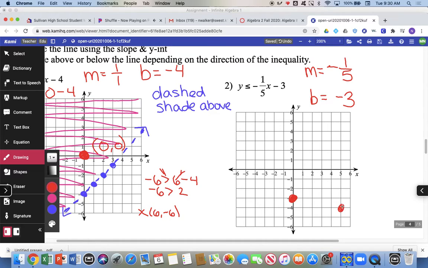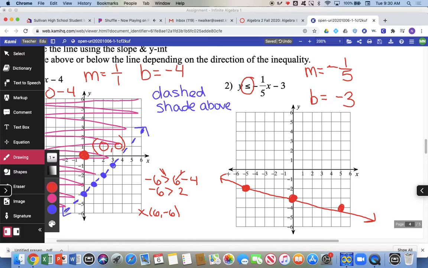I don't really have room to go this way, but in the other way, I could have gone up 1, but then I would have to go backwards 5 to take care of the negative. Now, what type of line should I make here? It's less than or equal to, so is that dashed or solid? All right, that's a solid line, so we can just go right here. Pretend like that went 3 points and I did a good job.